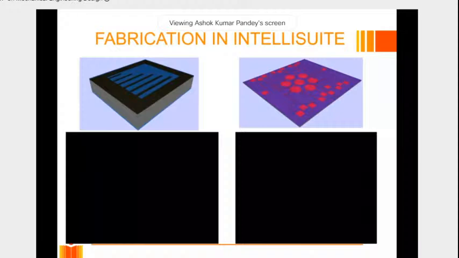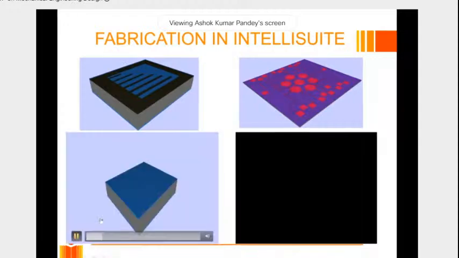Okay, so for example, this particular example I am trying to explain was done in IntelliSuite. So here you can see that this is a multi-beam structure that is being fabricated. First, starting there is a deposition that is happening.